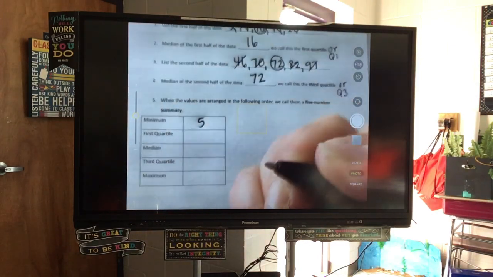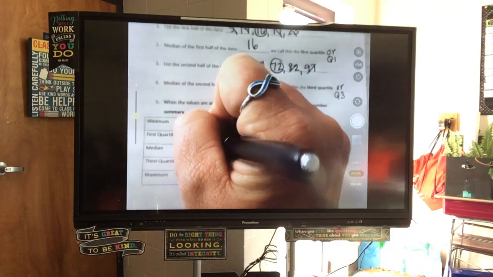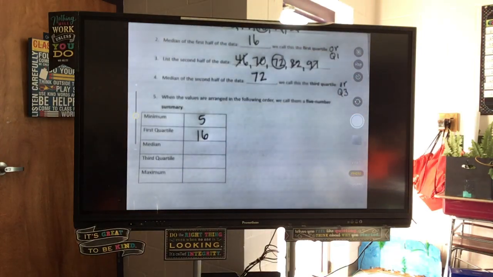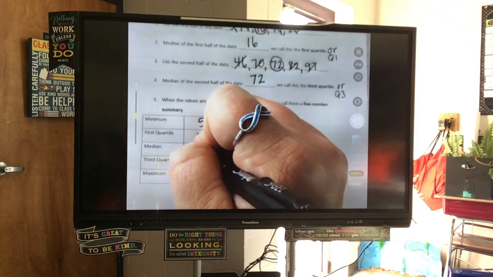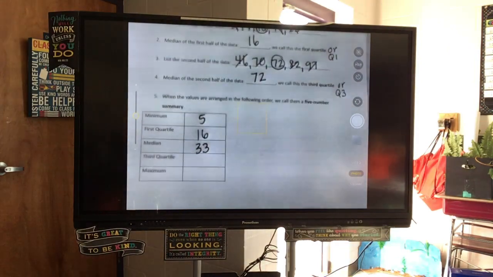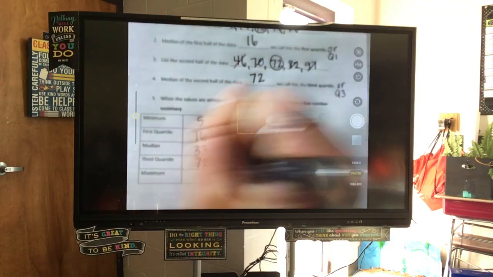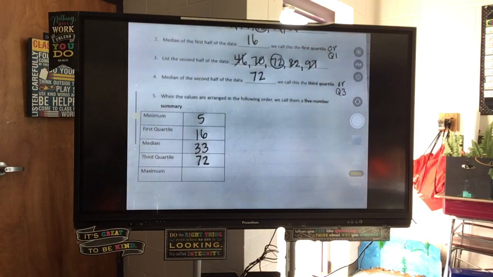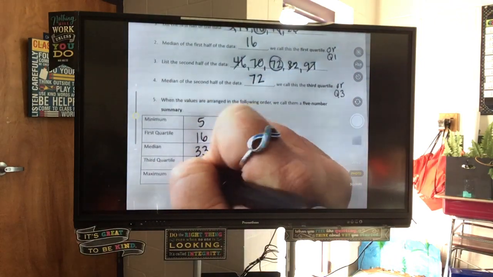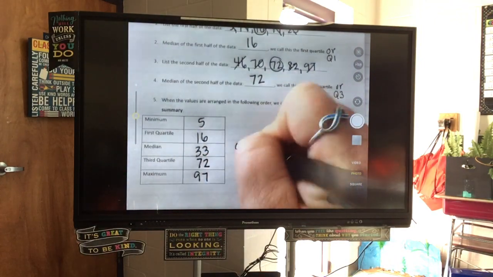Addie? 16. What is our median? Andrew? 33. What is our third quartile, or our Q3? 72. And then what is our maximum? Kira? 97.